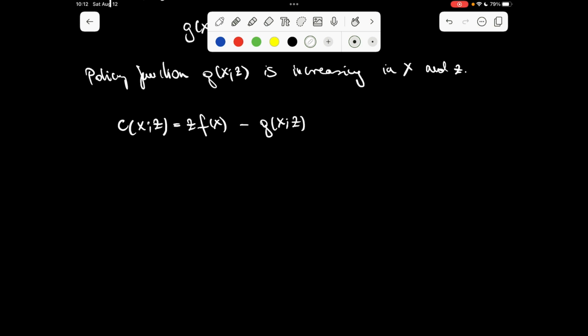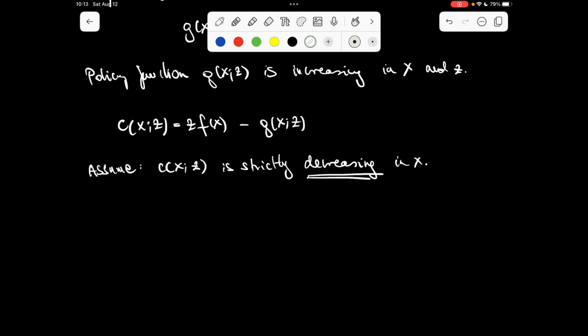So we want to show that consumption function is increasing in x. So assume the consumption function is strictly decreasing in x, and let x dot be higher than x.